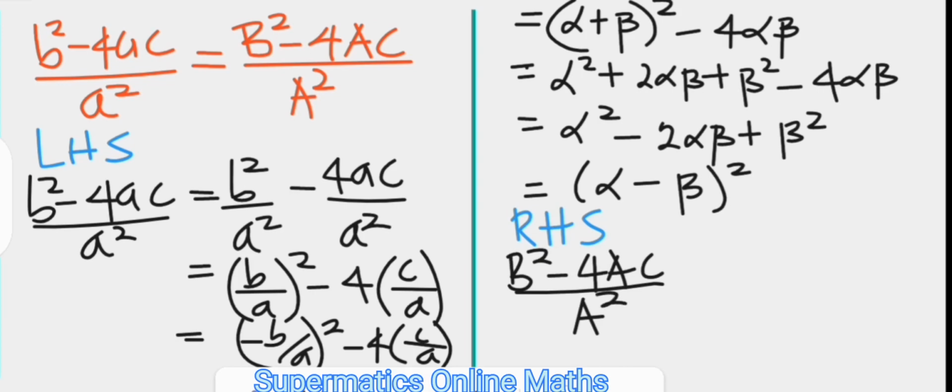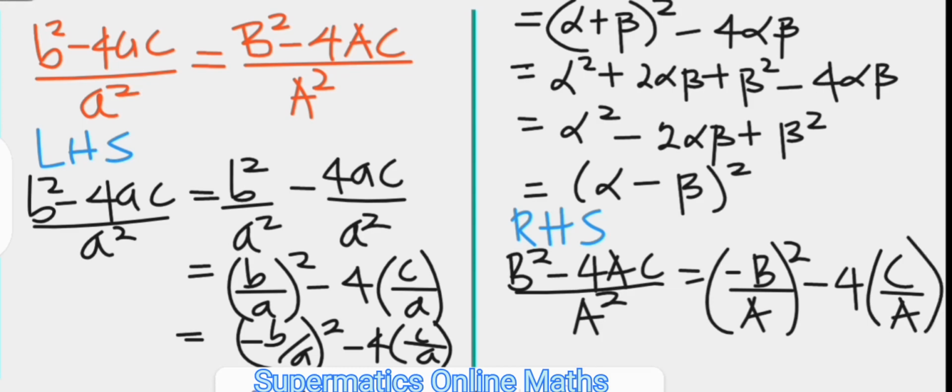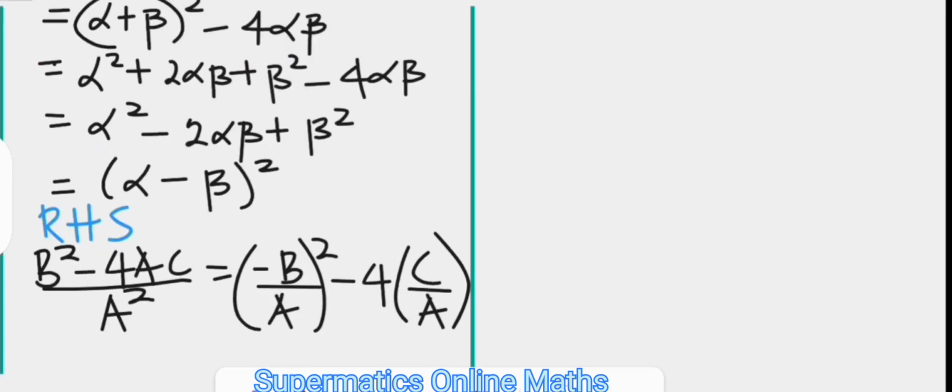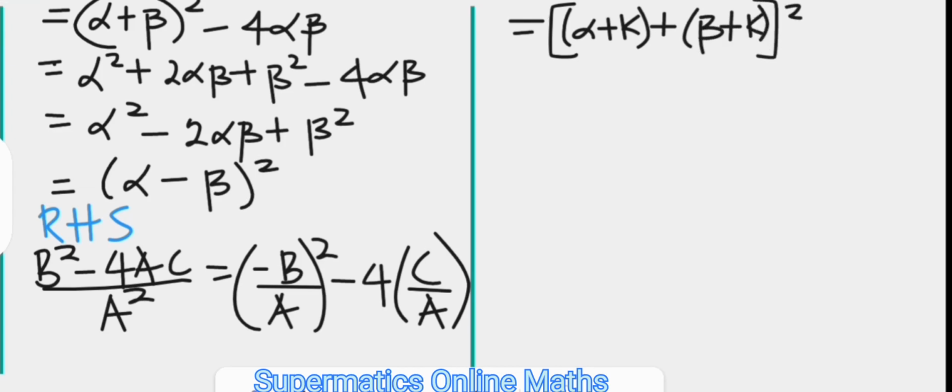And this, like the previous one, becomes capital minus B over capital A all squared minus 4 times capital C over capital A. Now, capital minus B over capital A is the sum of roots of the second equation, which is alpha plus k plus beta plus k, and that will be squared, then minus 4 capital C over capital A is the product of roots, which is alpha plus k times beta plus k.